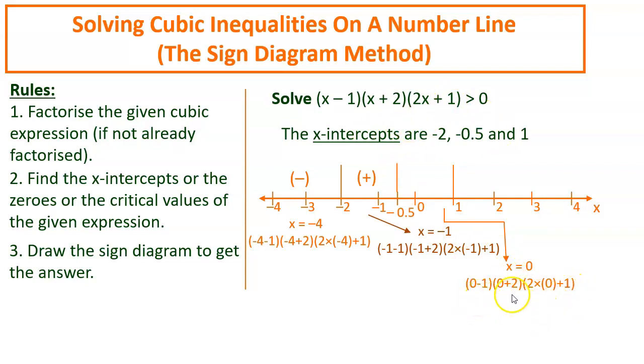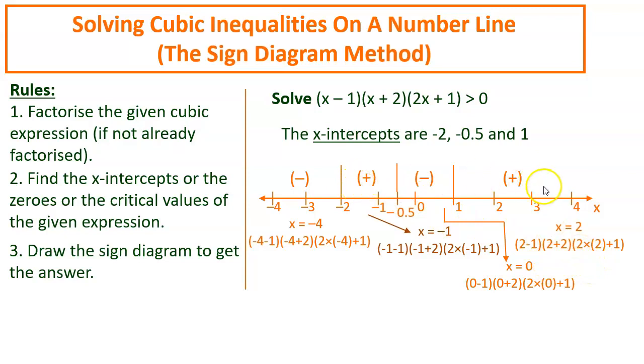So this is minus 1 times plus 2 is minus 2 times positive 1. So it is negative 2. A negative product. Finally, we come to the rightmost region and I have taken x equals 2. 2 minus 1, 2 plus 2 and 2 times 2 plus 1. 2 minus 1 is 1, 2 plus 2 is 4 and 2 times 2, 4 plus 1 is 5. 4 times 5 is 20. So it is a positive number.